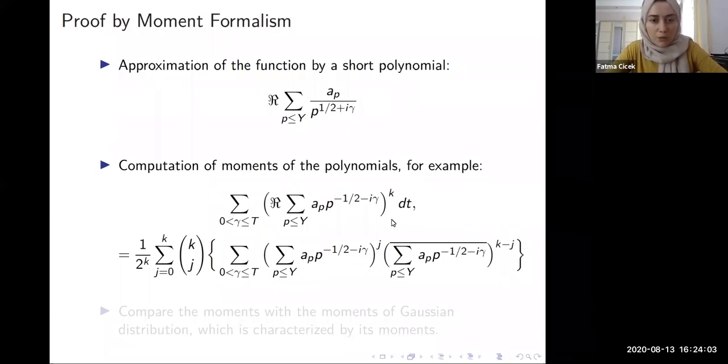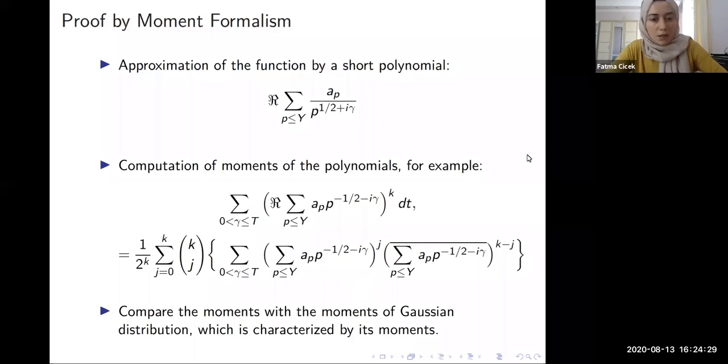When you look at moments of something like the real part of the polynomial, you will encounter terms that look like mixed moments. You have the jth power of your polynomial, and then the (k minus j)th power of the conjugate of your polynomial. We will need to compute moments like this.